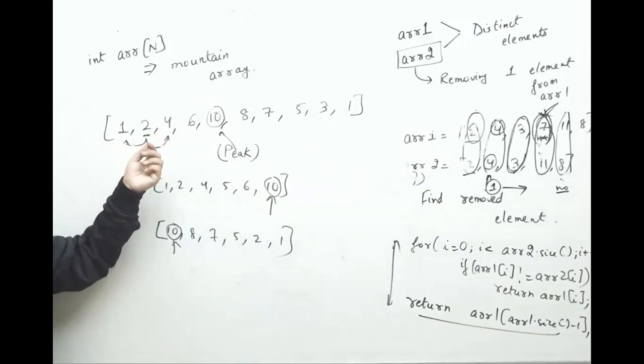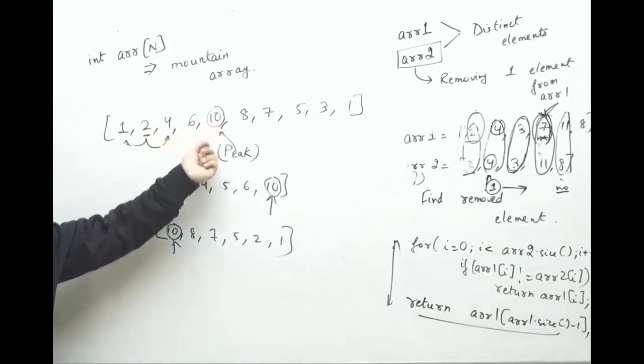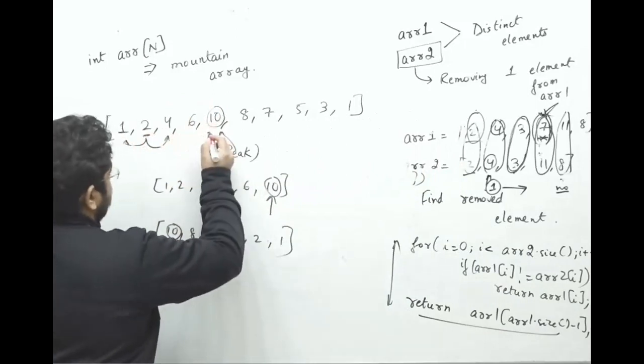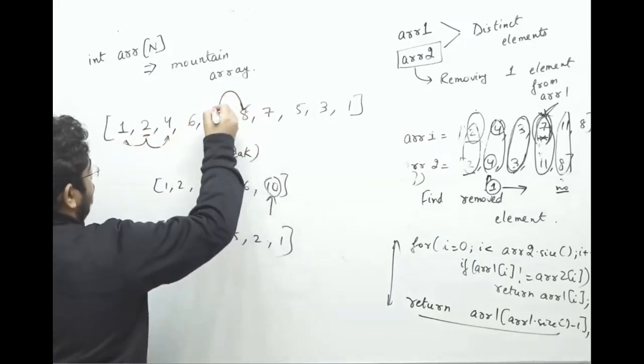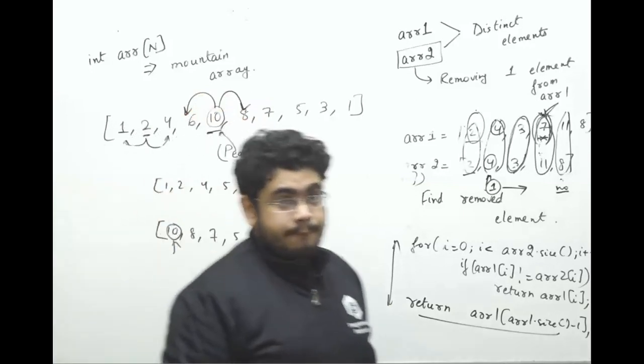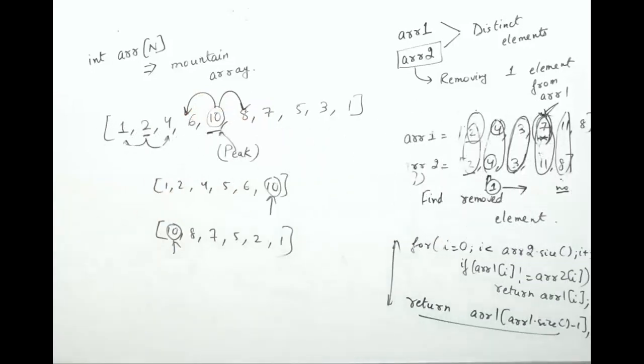Is everyone able to see this idea that any element will have next as greater, previous as smaller, next as greater, previous as smaller, till we reach the peak? What happens at the peak? Next is also smaller, previous is also smaller. Yes or no?